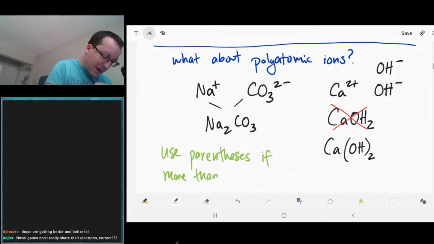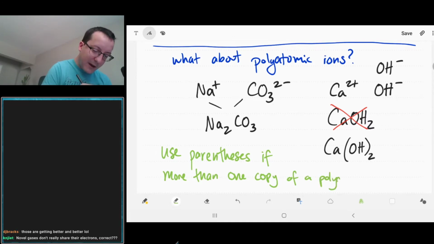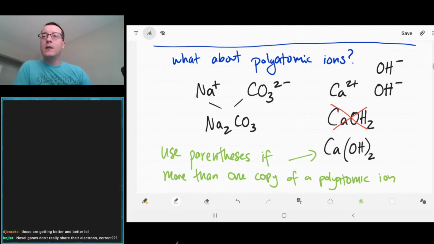If you have more than one copy of a polyatomic ion, use parentheses. So with the carbonate, we only had 1 carbonate in there, so we do not need to put parentheses. And in fact, it would be, dare I say, wrong to put parentheses there.